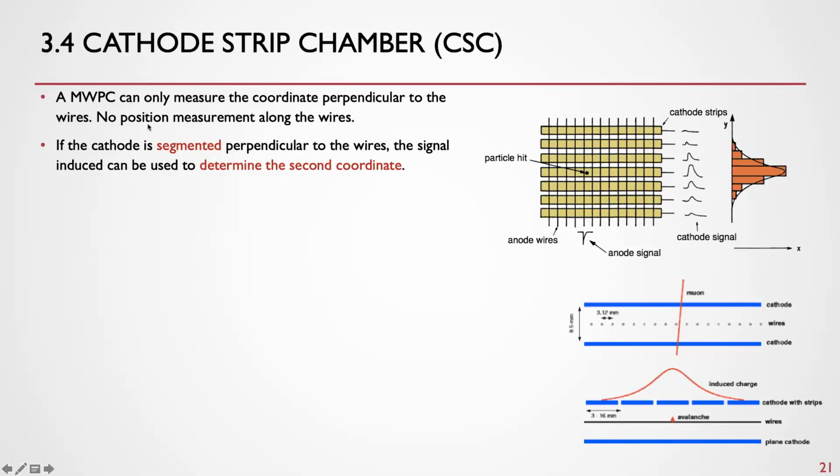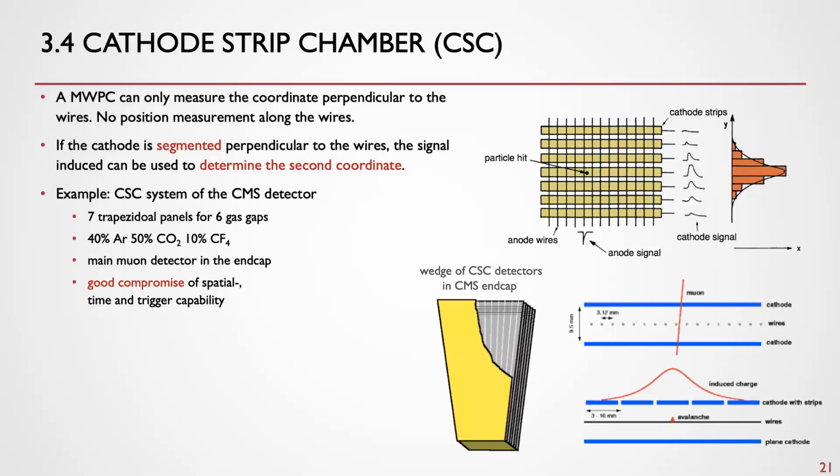One can segment it and thus get at least a coarse measurement of the second coordinate. So there are images here that show this. We have cathode strips that give a cathode signal from the ions. These CSCs are used in the CMS detector in trapezoidal panels.